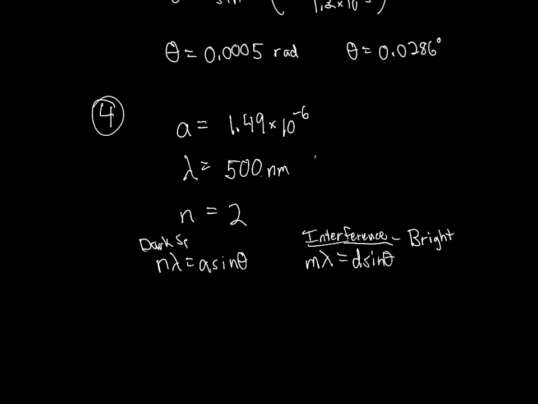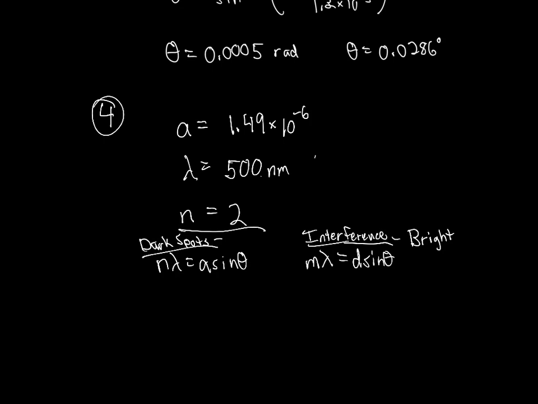There's actually not a nice clean way to find out where all the bright spots are in diffraction. Single slit diffraction tells you where the dark spots are. The equation is the same form, but it's giving you different things. So n is the order of the dark spot, n equals 2 in this case.